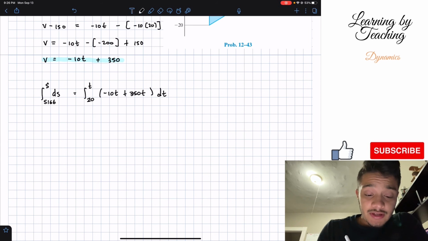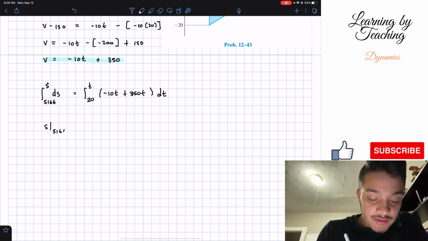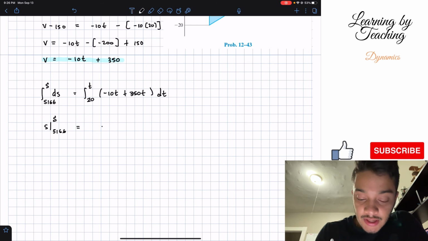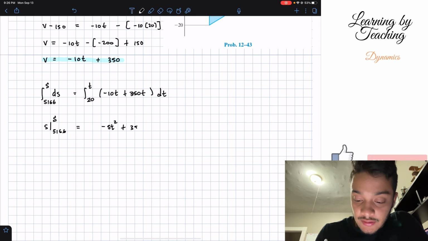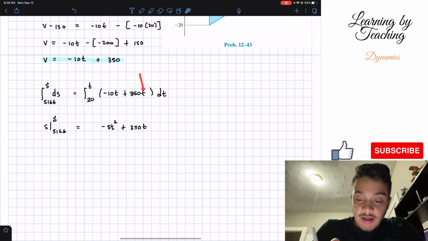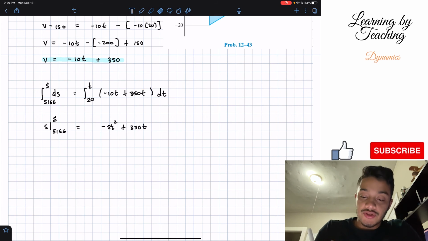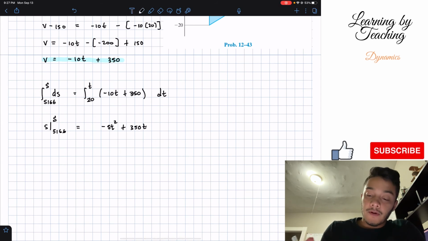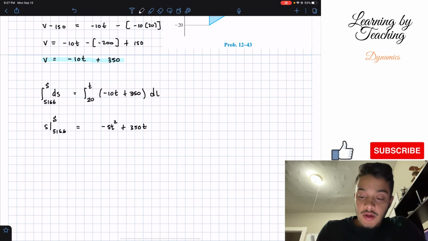Solving the integral on our left, we have s being evaluated from 5166 all the way to our final position has to be equal to -5t squared plus 350t. Okay, I apologize, I added this t in here, which I shouldn't have. Okay, and we're going to evaluate this integral.